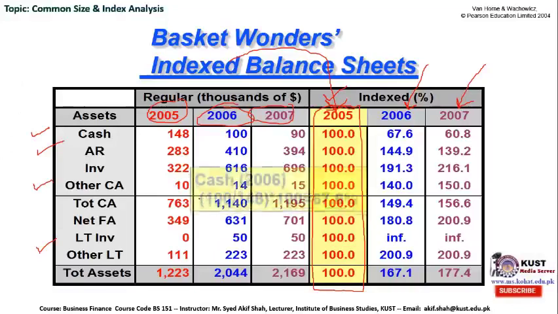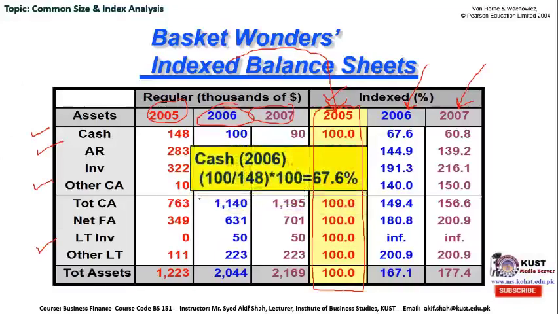How to do it? Let's take an example of the cash of 2006, and the cash position is 67.6% of what? As we have calculated this percentage with respect to our benchmark of 2005.